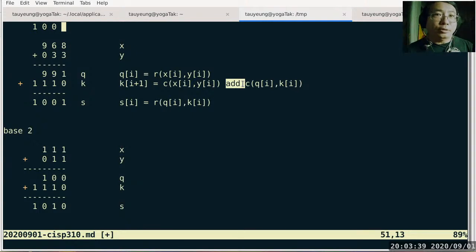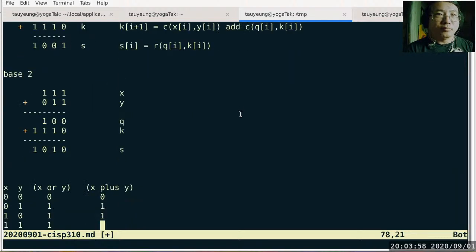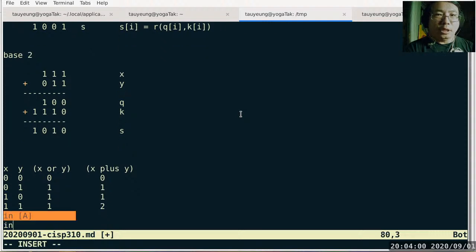I don't know yet how to do arithmetic operations using transistors because that's what we're trying to work on right now. But if I can somehow replace this add or plus using an OR, then we'll be good. So now the question is, can we? In other words, in base 2, can we define k_{i+1} using logical operators?